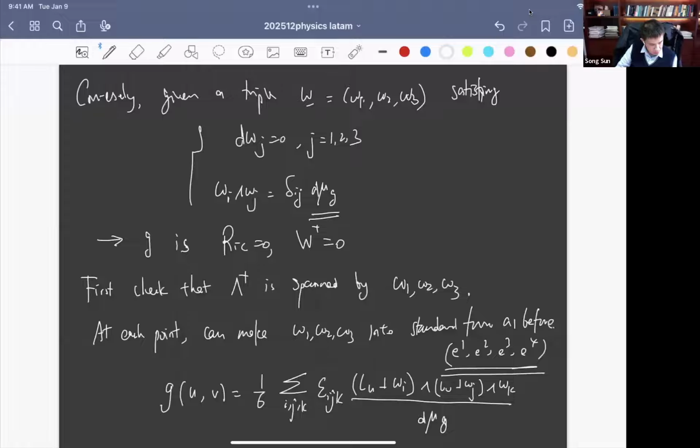They span a three-dimensional subspace of lambda 2, which is a positive, but then positive three-dimensional subspaces of lambda 2 is you can always... maybe let me do it more precisely.